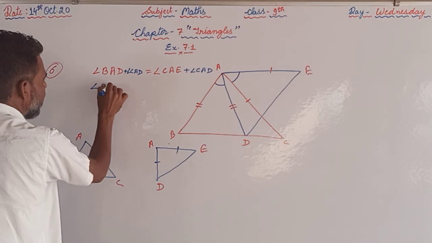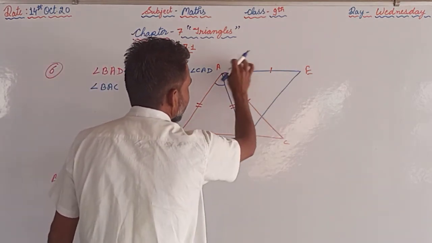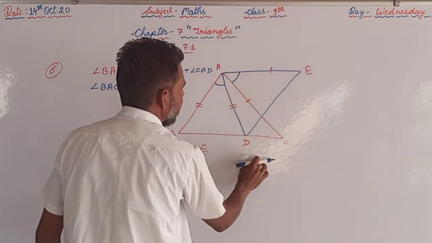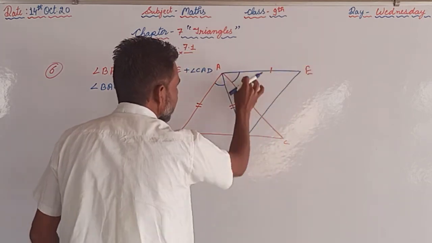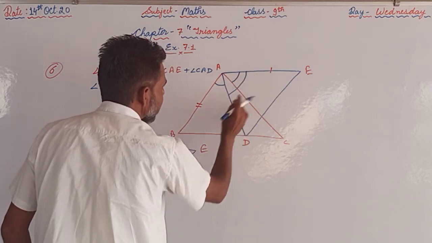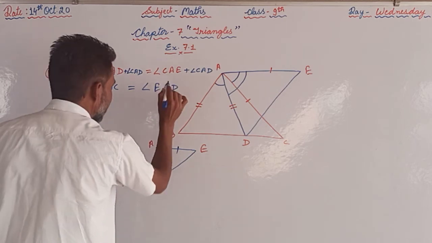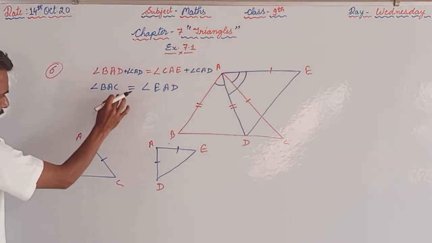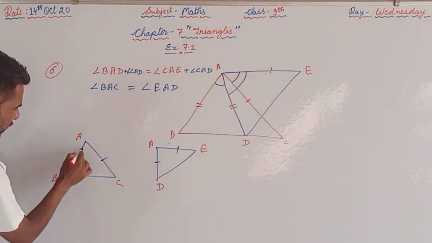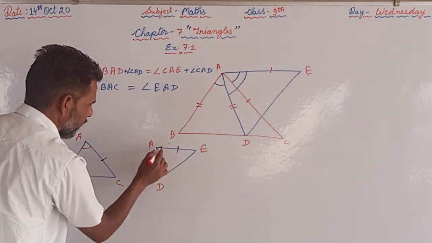Angle BAC is equal to angle CAE plus CAD, which becomes EAD. This plus this becomes complete like this. So angle BAC is equal to angle EAD.